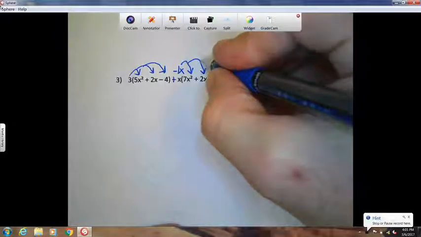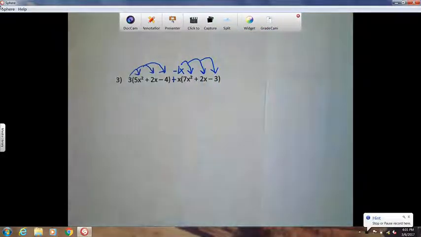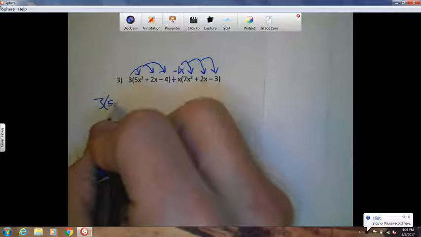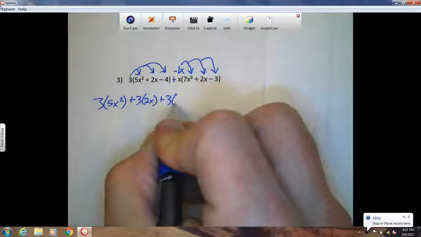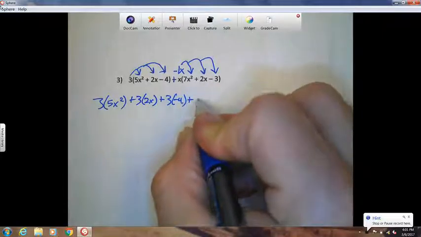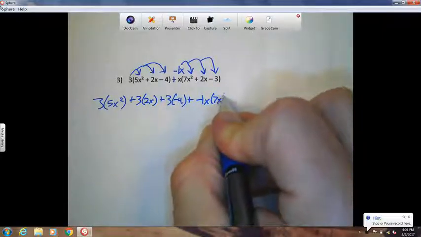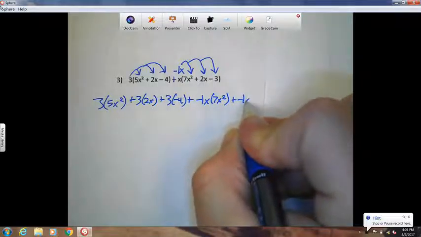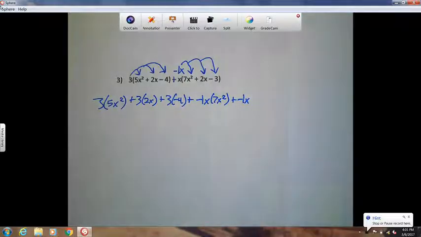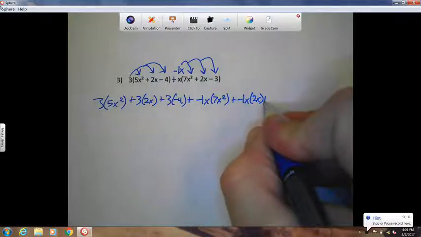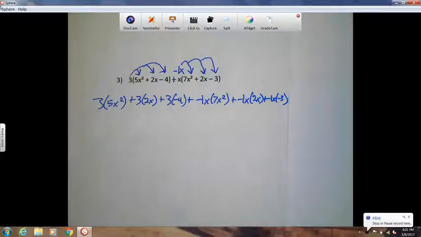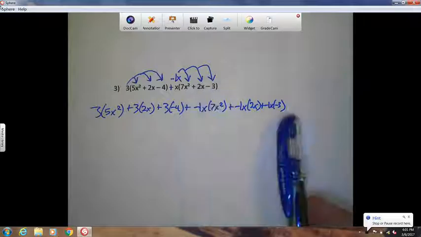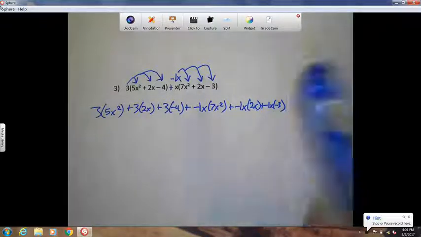So 3, 5x squared, 3 times 2x, 3 times negative 4, plus negative 1x, 7x squared, negative 1x, 2x, negative 1x, negative 3. So make sure you pay close attention to the minus signs. Like here, change to a negative 3, plus a negative 3, plus a negative 3. It's 2 marks with your pencil.